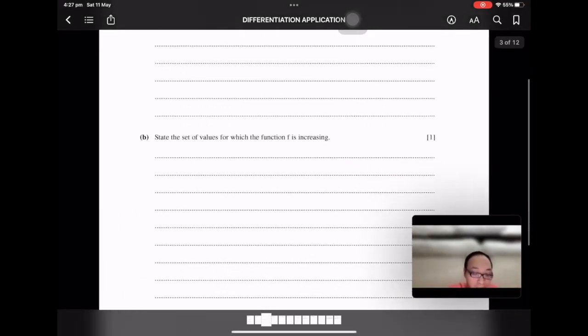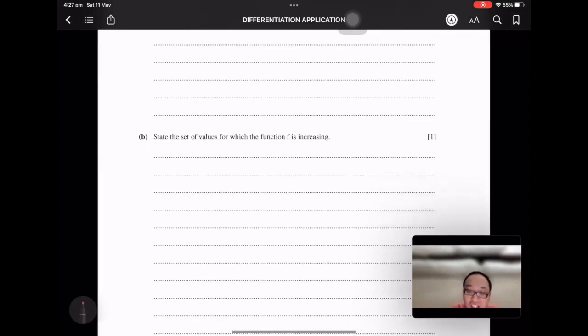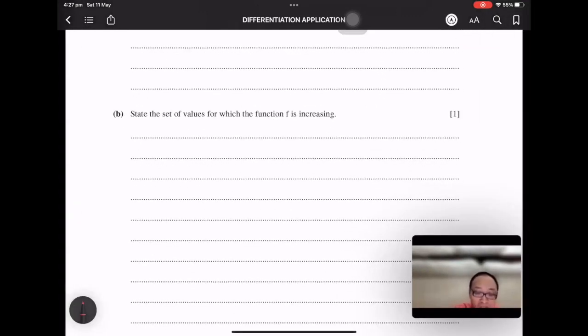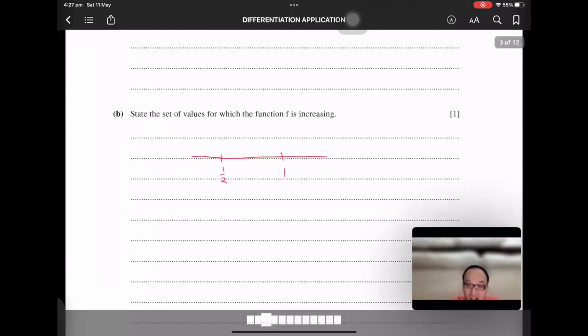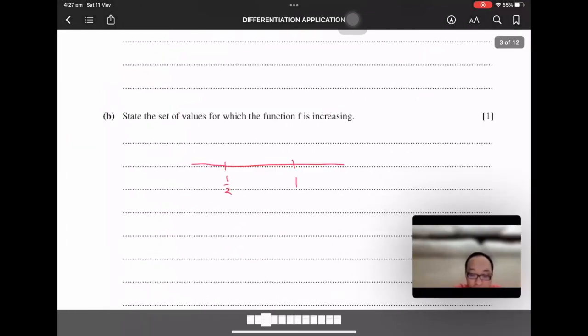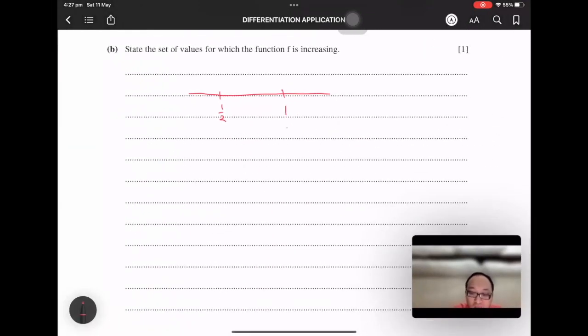B, state the set of values for which the function is increasing. So from the previous question, we have the two stationary points. We have half and 1. And we know that this is a maximum point and this is a minimum.